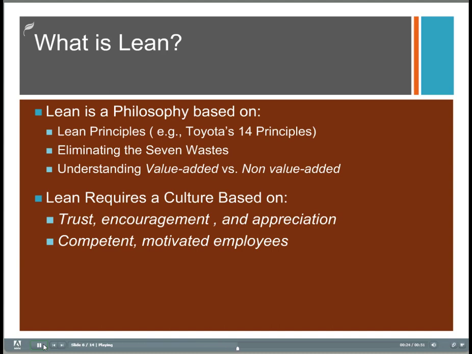What's nice is once you create a Lean thinking culture, people recognize right away when something is non-value-added, and they can eliminate non-value-added activities before they're even implemented. But Lean does require a culture based on trust, encouragement, and appreciation of employees' ideas and of competent, motivated employees.